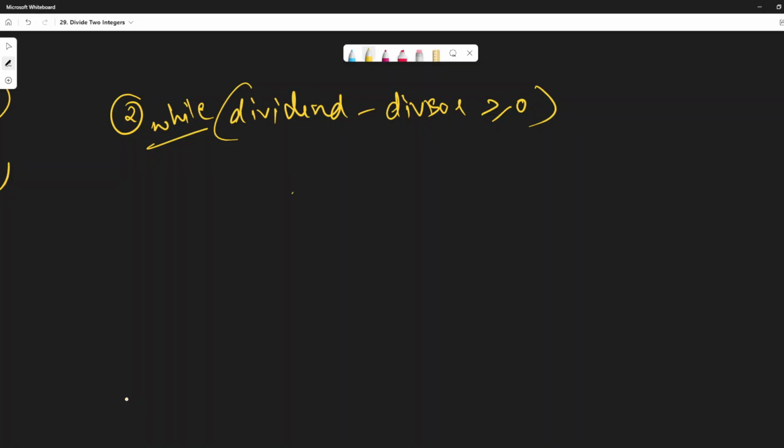Okay, so at each step what we would be doing is directly left shift our divisor. And we'll keep a quotient, and this would also be left shifted. But the quotient at the starting would be equal to 1.